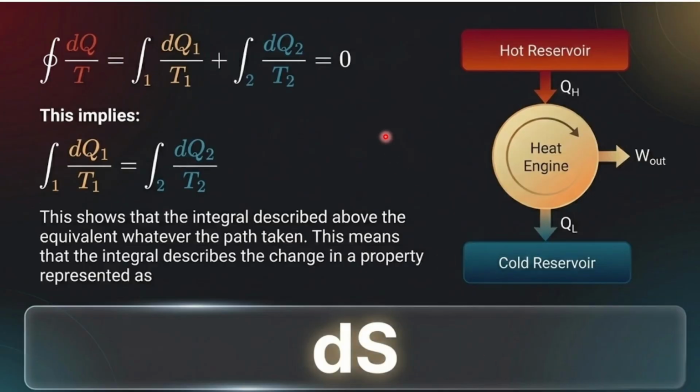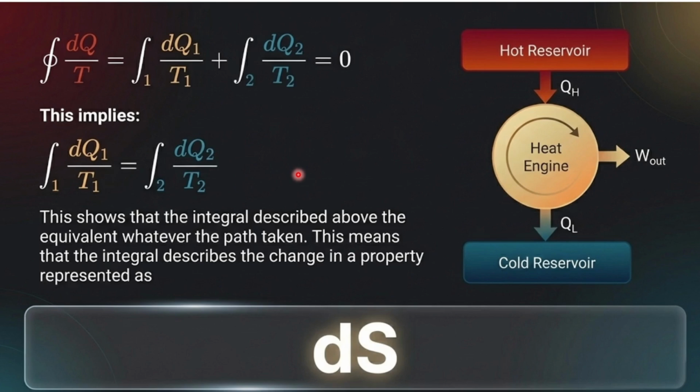From the previous expression, as cyclic changes were equal to 0, we are able to establish after some work that the integral of dQ divided by temperature for the source will be equal to the integral of dQ divided by temperature for the sink.